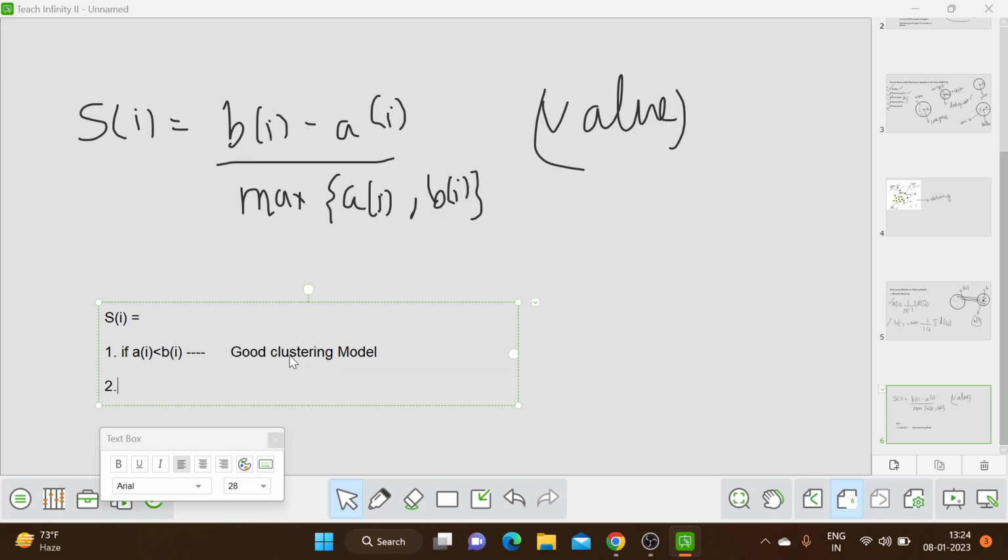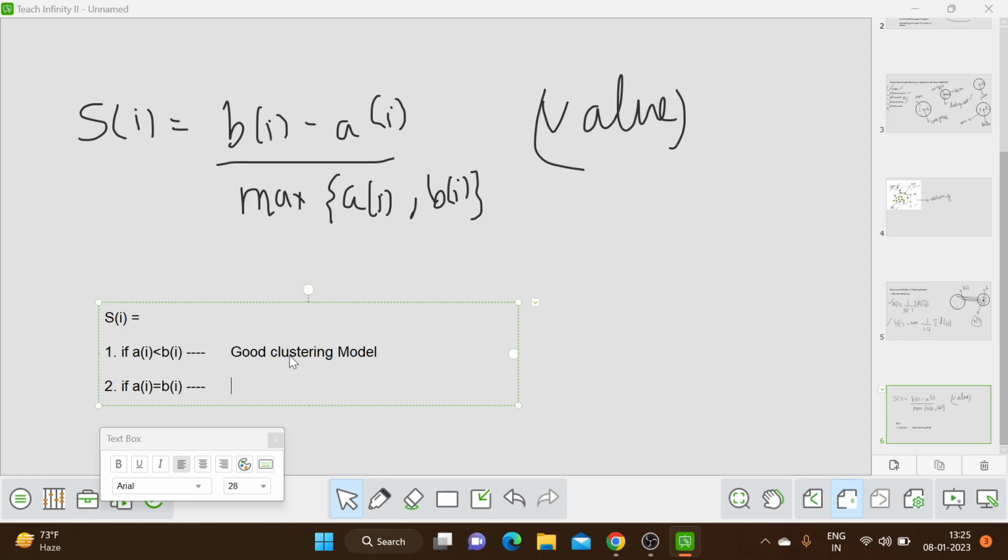Next, if A of I is equal to B of I, then I can say that the model is somewhere in the middle.